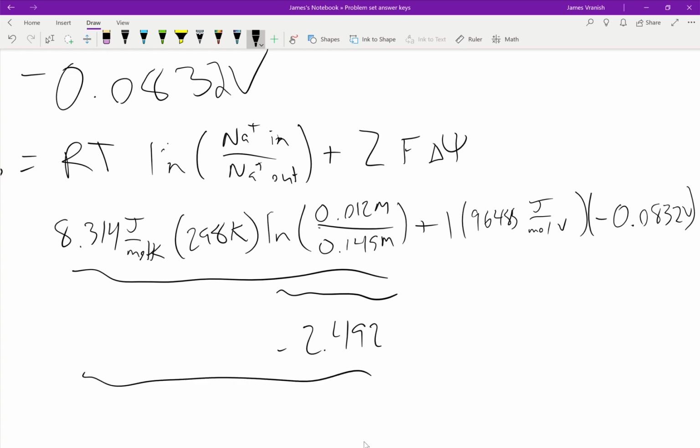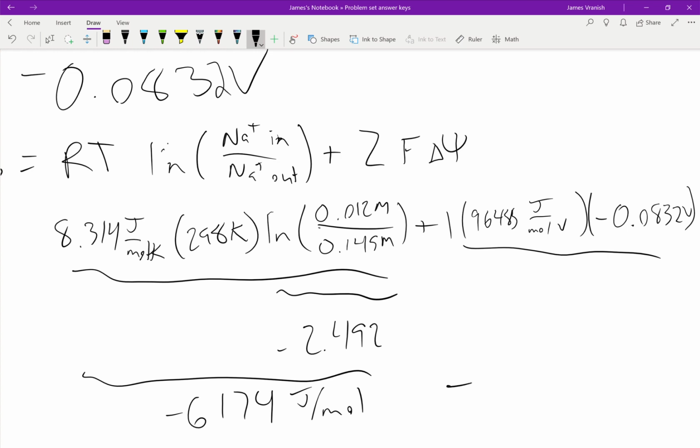So this whole part here is going to be negative 6,174 joules per mole, basically. All right, now for this part over here, we can just simply multiply those together, 96485 times 0.0832.